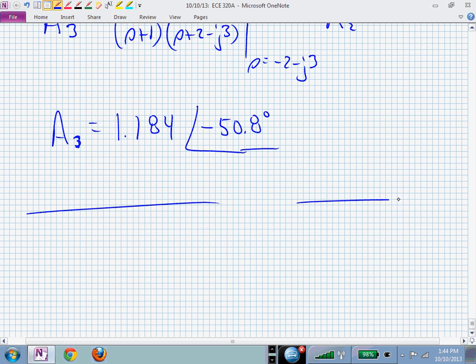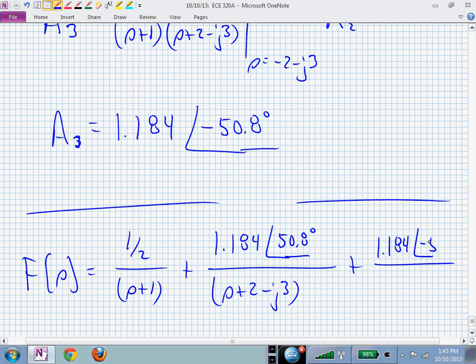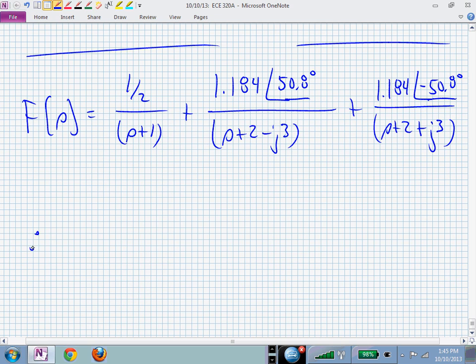And now my expression for F of s, my partial fraction expansion, is a sub 1 over s plus 1 plus a sub 2, which was 1.184 at an angle of 50.8 degrees, all over s plus 2 minus j3, plus 1.184 at an angle of minus 50.8 degrees, all over s plus 2 plus j3, which we can immediately take into the time domain.